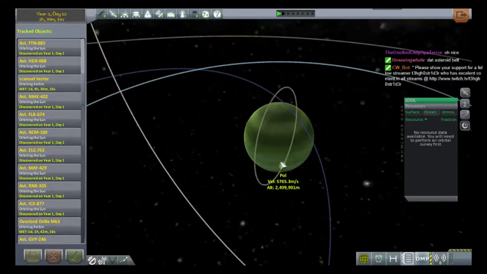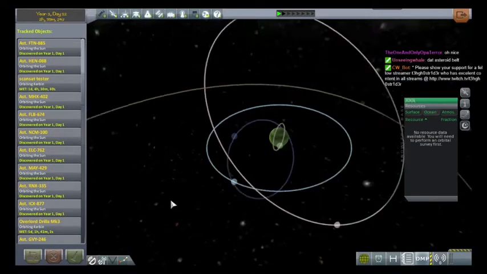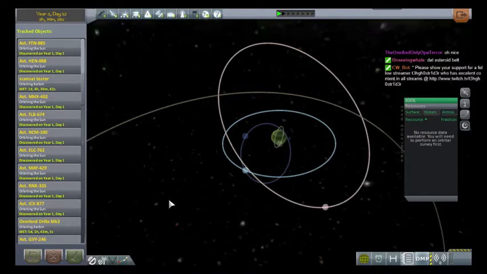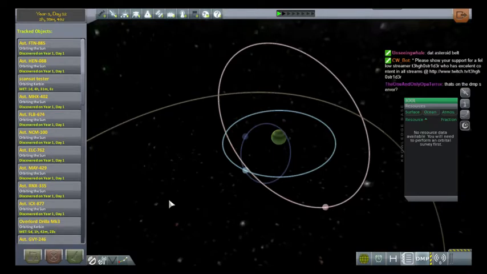Yep, it's in a very close orbit to Joel, instead of being out on the edge. So, that is the type of difficulty that I love in KSP. I mean, why not? Make things a challenge. Make things harder for yourself. After all, I have been playing KSP for what, 2 years or something? 3 years? I don't know how long.